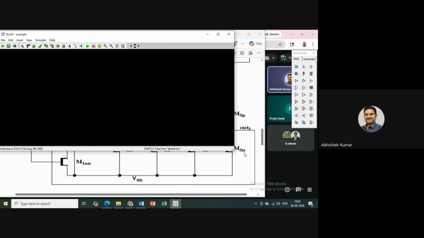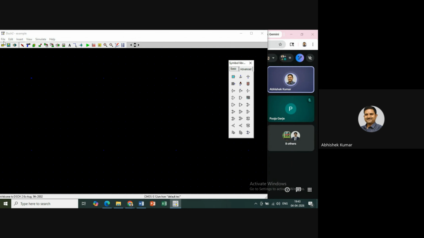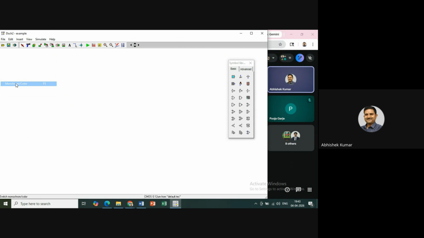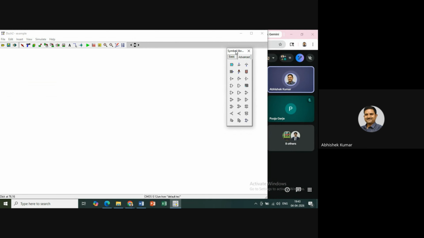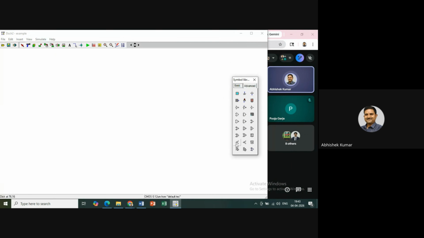This is my workspace, where I have a black background, or if I wish, I can take the white background. And this is my library of components, where at the bottom I have shown you PMOS and NMOS. So the circuit diagram which I showed on the last slide, I will try to implement via this software.